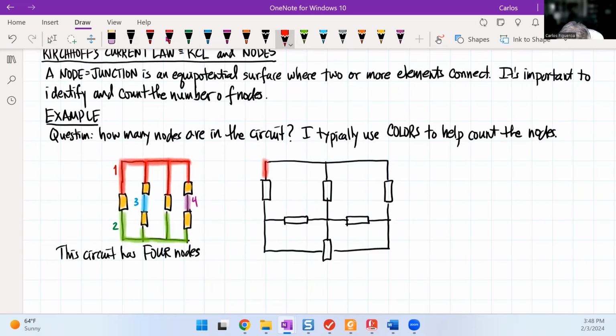So if I say, this is my red node, so everywhere where that wire is at gives me 1 node. Then if I go to a second one, let's go to this guy right here. You could see that this represents the second node. And then if I go to this guy right here, you could see that this represents the third node.